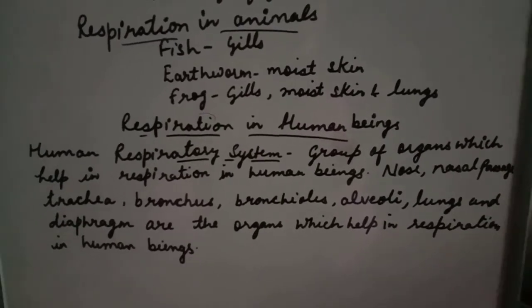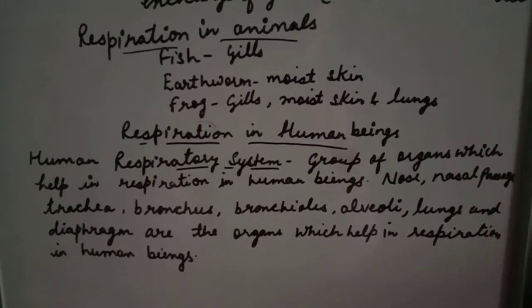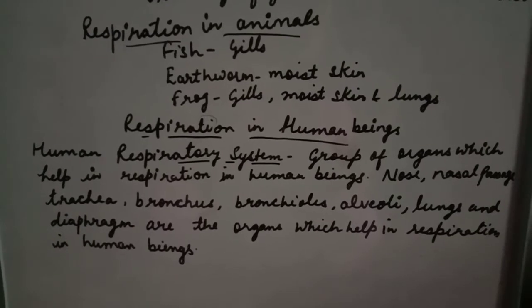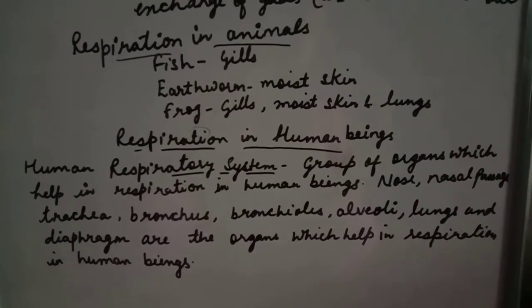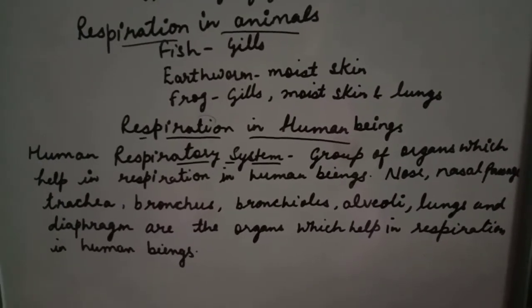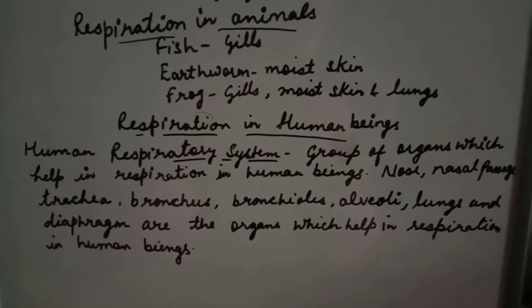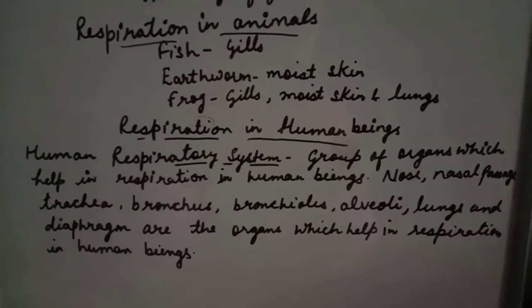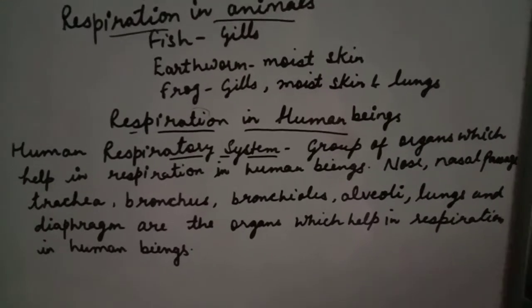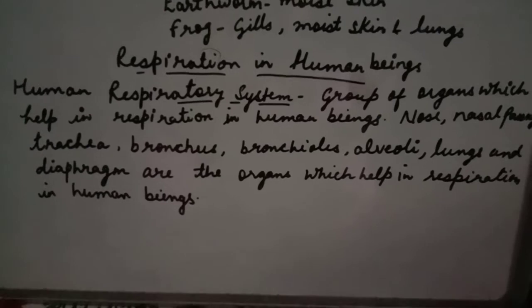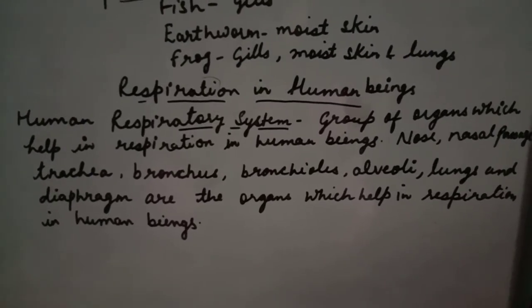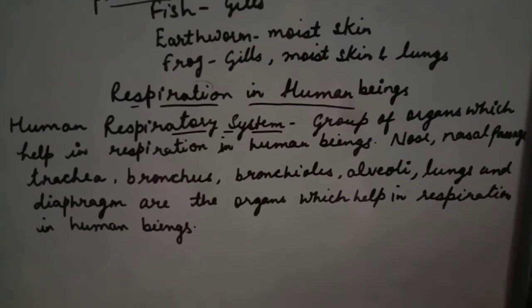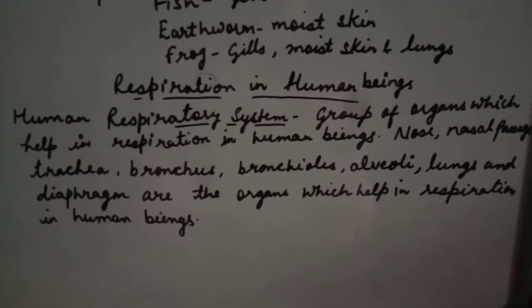Frogs can respire through gills whenever they are underwater, and when they come out after the full growth, they respire through their moist skin, and when the skin gets dry, then they respire through the lungs, when they are fully matured.